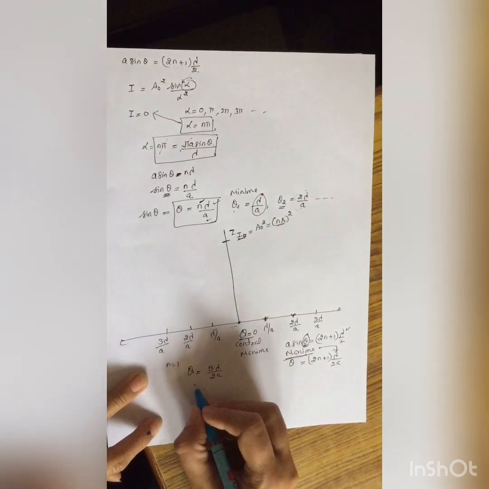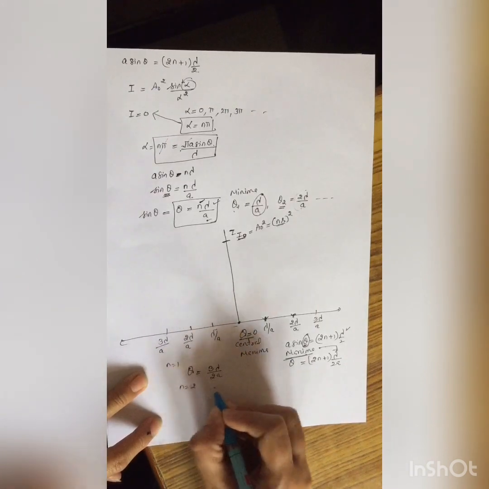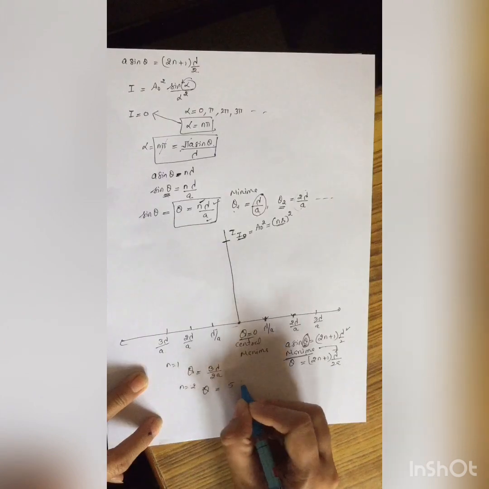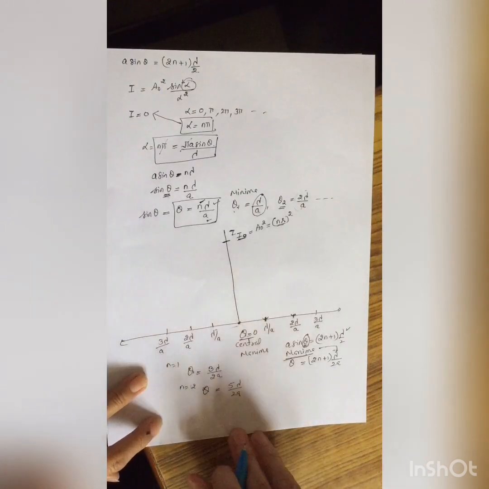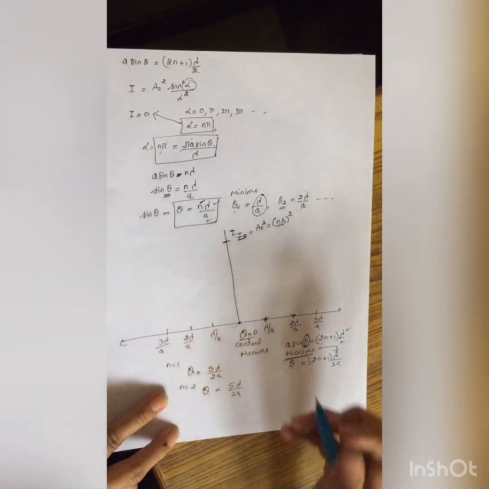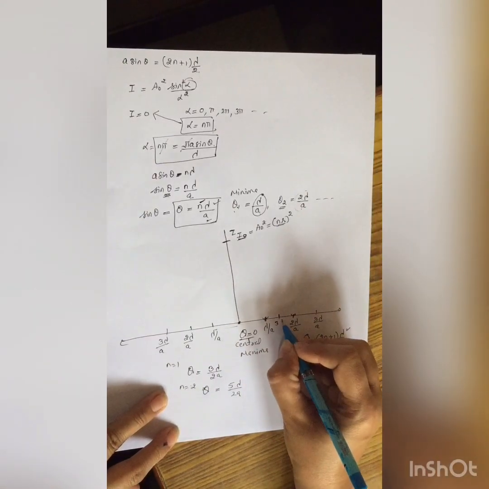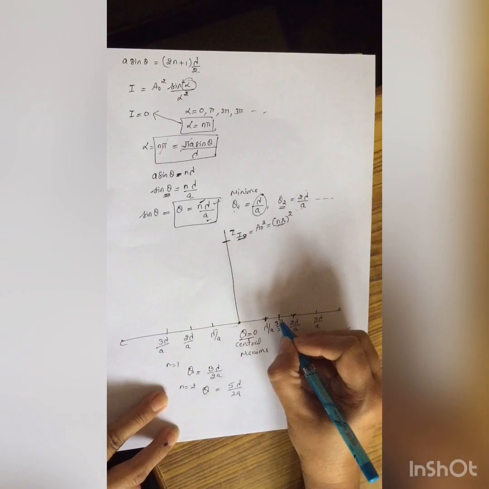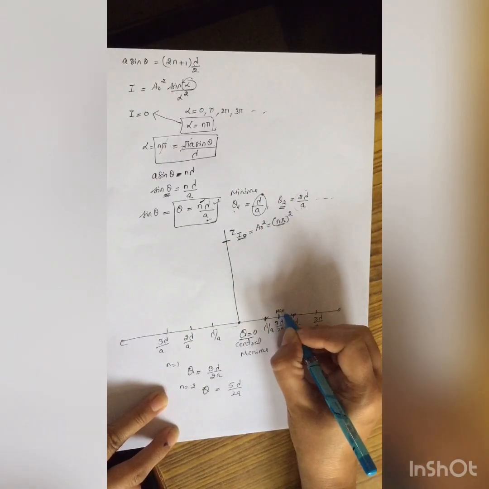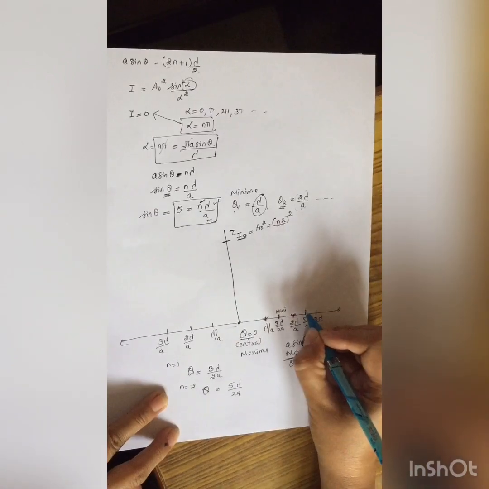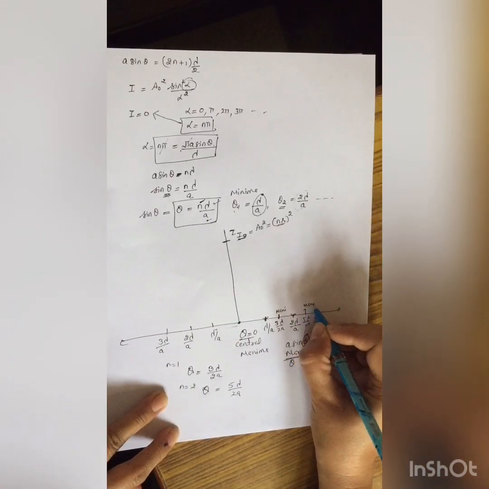Similarly, for n equal to 2, we get the next maximum position 5 lambda upon 2a, and so on. It means at this position 3 lambda upon 2a we will get our maxima, and at 5 lambda upon 2a we get another maxima.